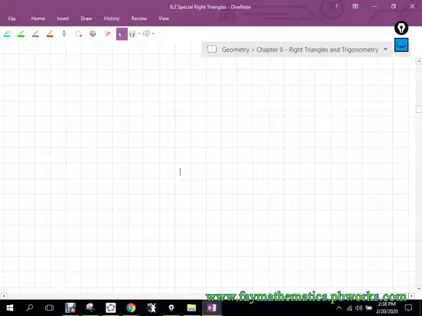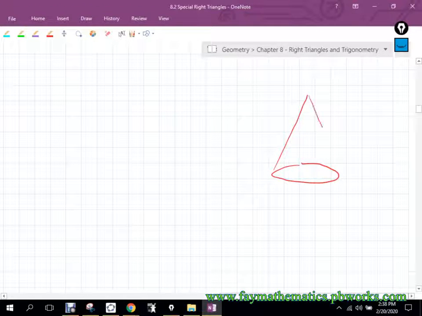So what my hope is that you guys eventually realize is that right now we're working with just triangles, but eventually we're going to talk about this shape. What's that shape? Anybody know? Cone, right? And I'm going to ask you to find surface area and volumes of that cone, but when I do that, we're going to need essentially that little triangle that is on the inside of this cone.